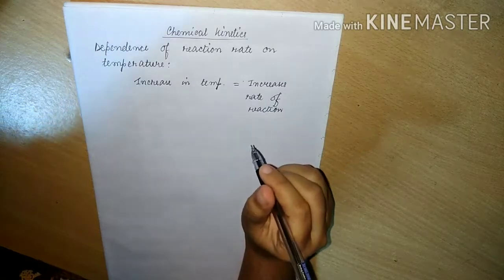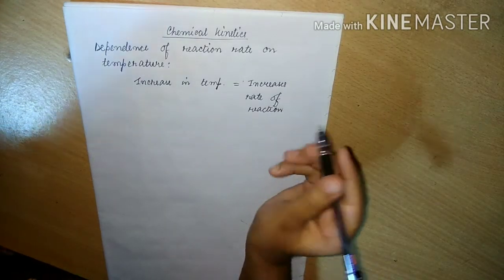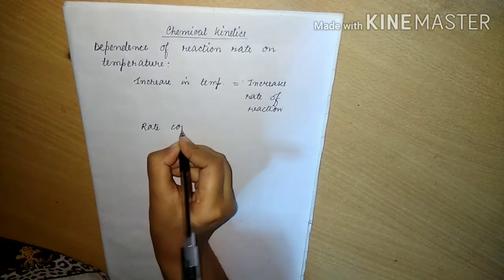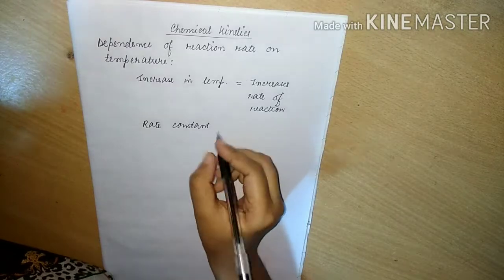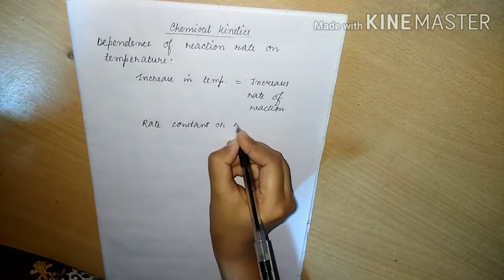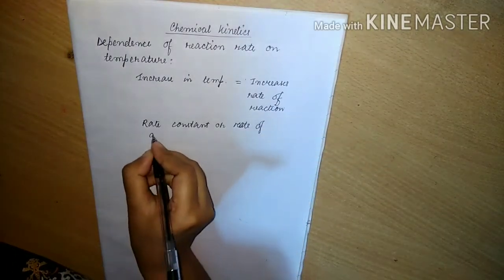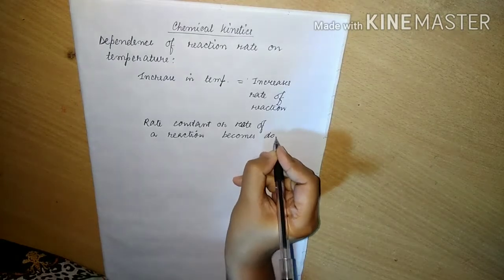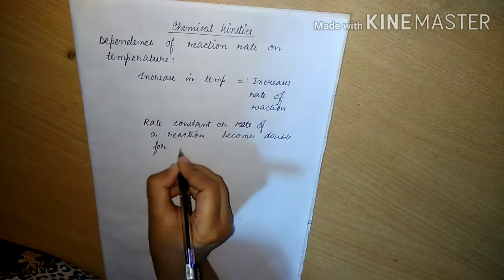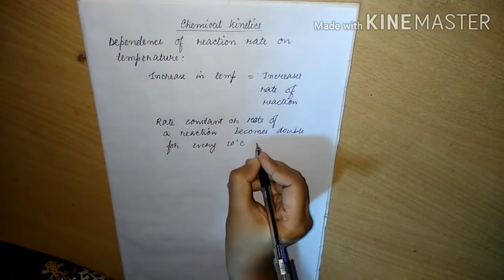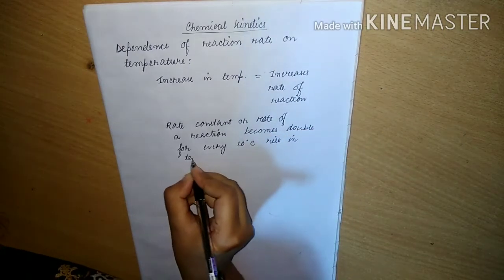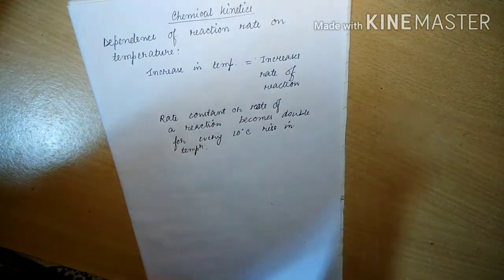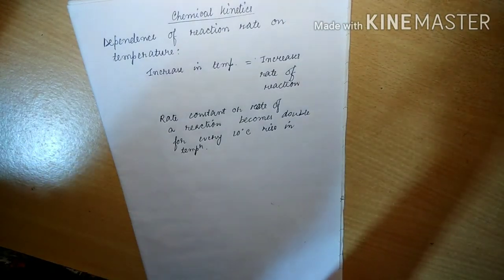A general approximate rule for the effect of temperature on reaction rates is that the rate of a reaction, or you can say the rate constant, becomes double for every 10 degree centigrade rise in temperature. মানে rate constant বা rate of a reaction double হয়ে যায় যদি 10 ডিগ্রি করে temperature বাড়ে.